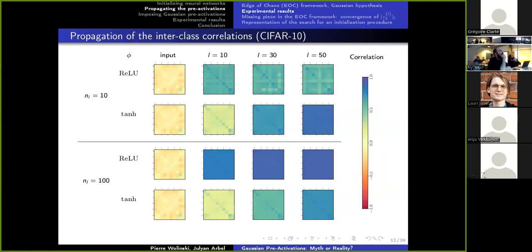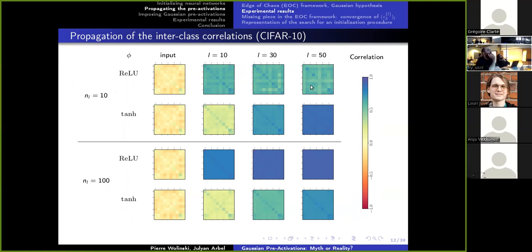So now some experiments to illustrate some of the problems of the edge of chaos. Here we have some graphs of correlations between inputs with different layer widths. So n is equal to 10 and n is equal to 100, for ReLU and for tanh activation functions, and we observe C_AB of L for several layer numbers L. When we are using very narrow neural networks with 10 neurons per layer, we see that in several cases the correlations do not tend to 1.